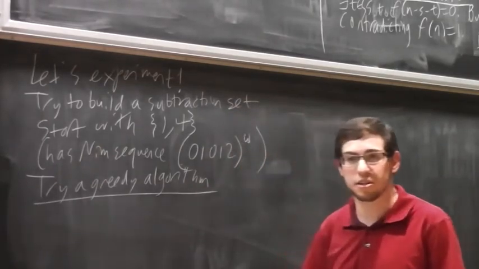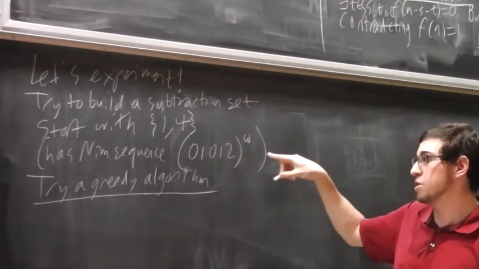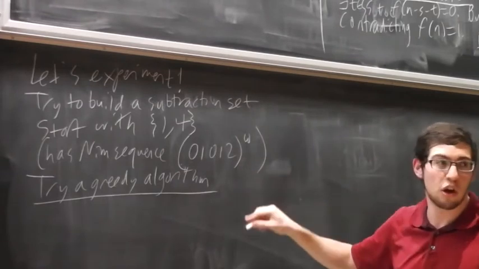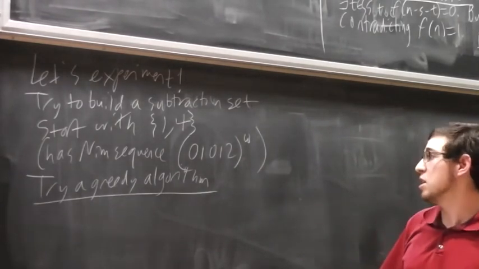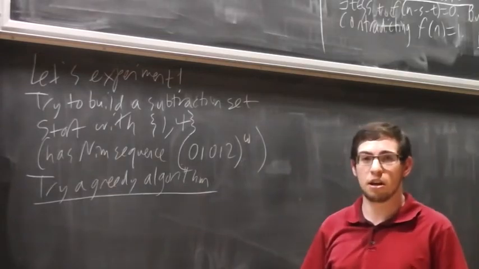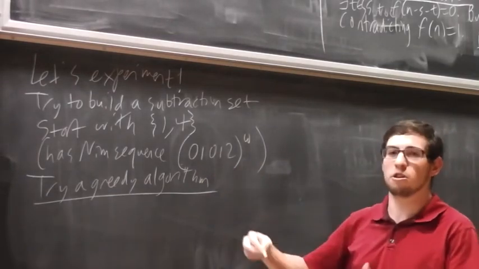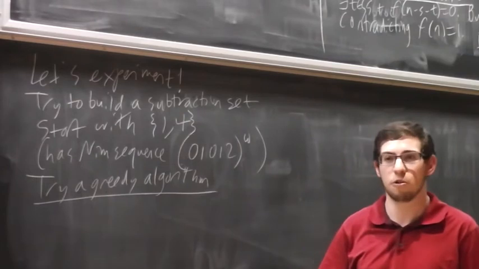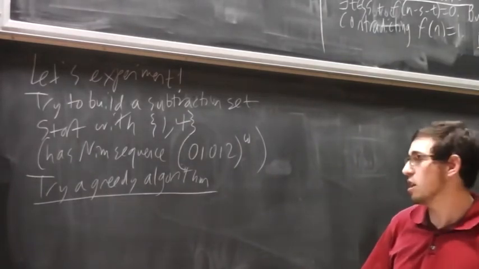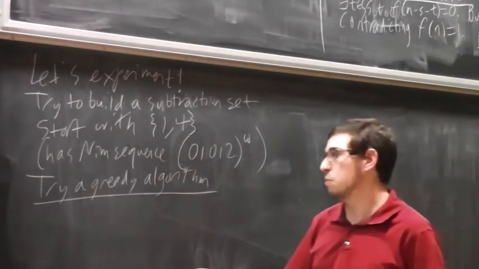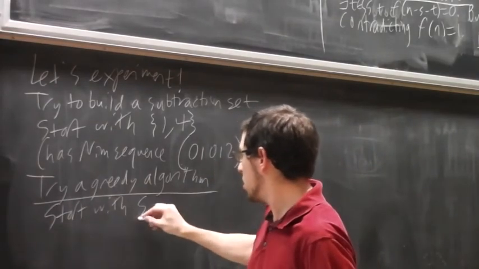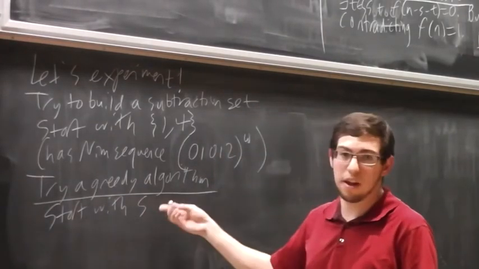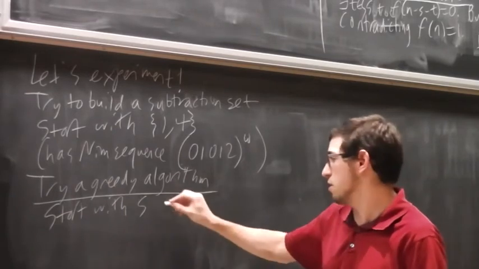And one thing to note is that this is a purely periodic sequence. We're going to try to maintain the property that we have a purely periodic sequence. That way we can analyze the limit. Because if we start getting prefixes, they start growing and containing things that we can't control, and we don't want to deal with that. So we're going to try the greedy algorithm where we start with S, which will be a finite set with a periodic nim sequence.